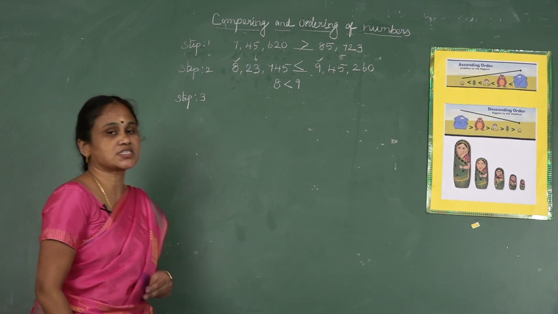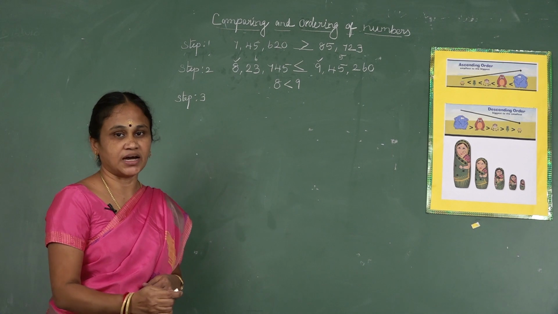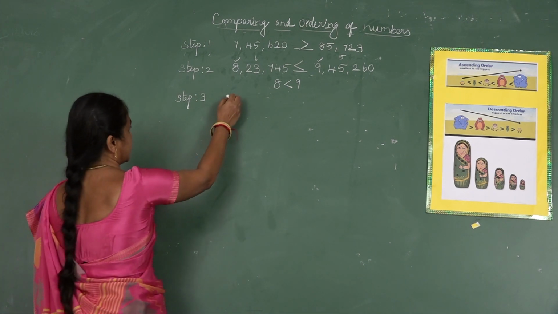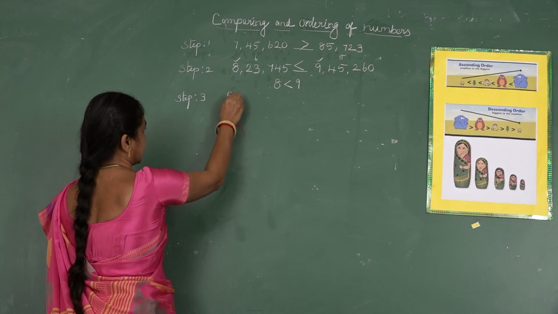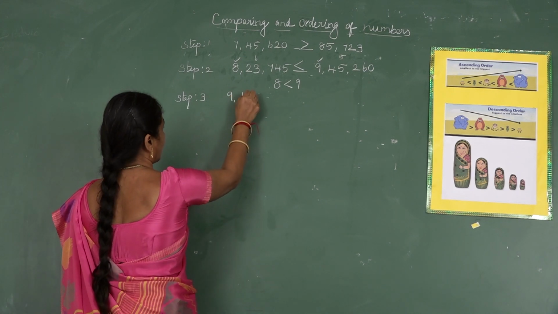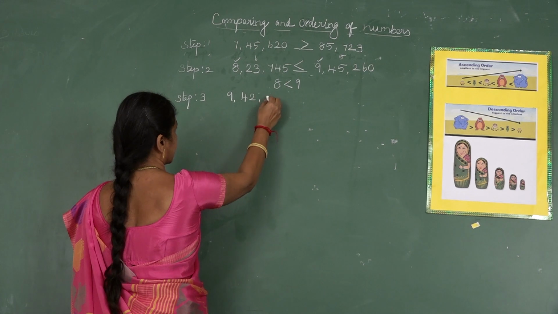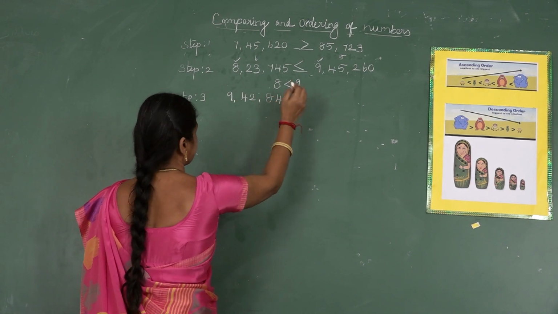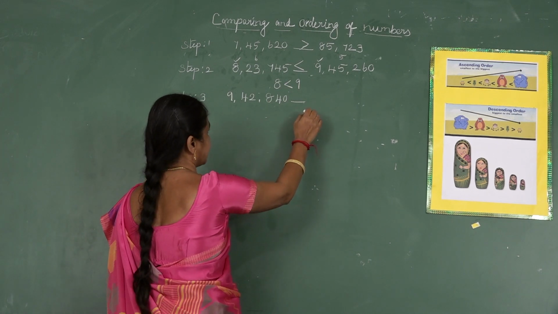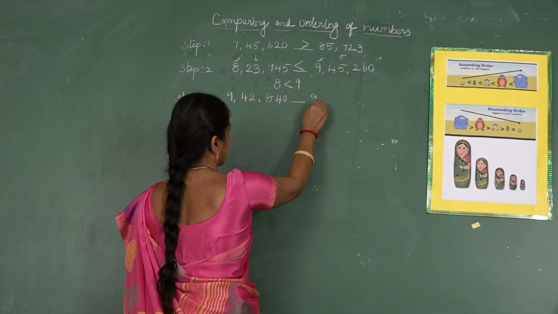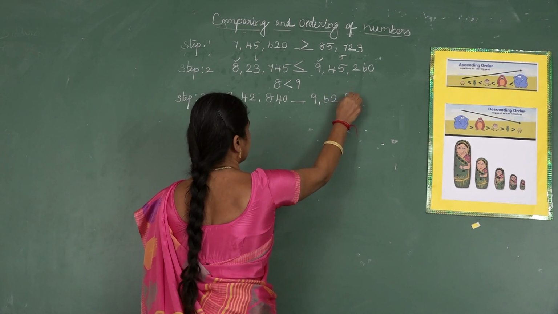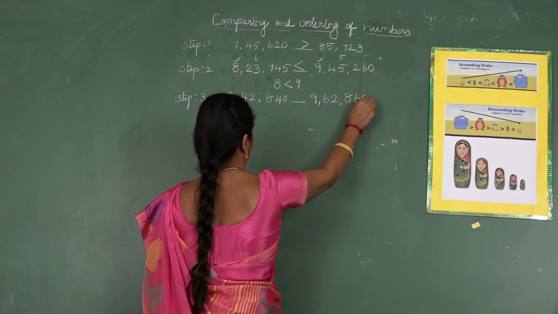Step 3. If the lakhs digits are equal, we compare 10,000 digits. 9 lakhs 42,840 and 9 lakhs 62,860.